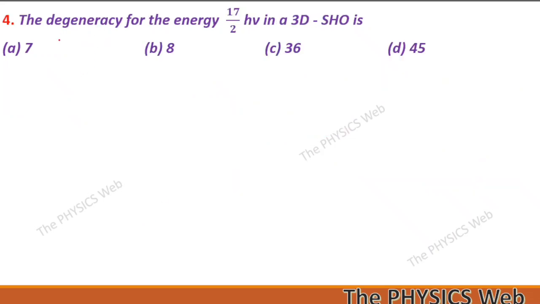Next, question number 4. The degeneracy for the energy 17 by 2 h nu in a 3D simple harmonic oscillator is.